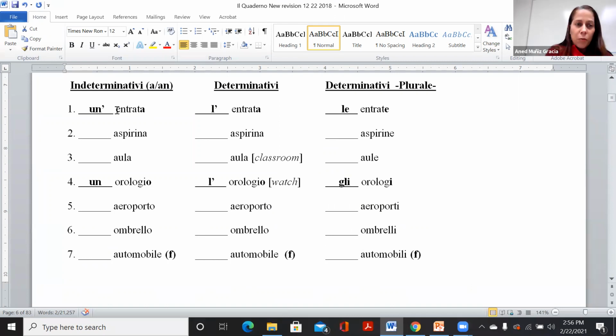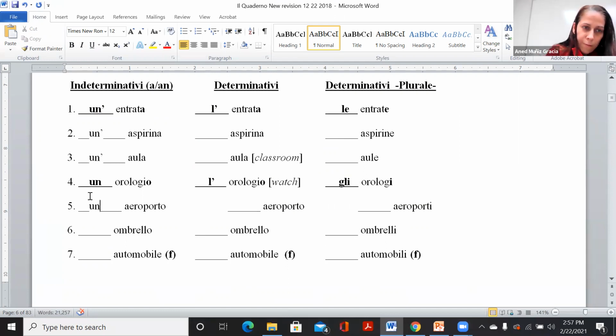Everything begins with a vowel. So you're going to have either un apostrophe or un without apostrophe. And it depends on whether or not it's masculine or feminine, right? And remember, feminine nouns use the apostrophe, masculine do not. How do you know the gender?